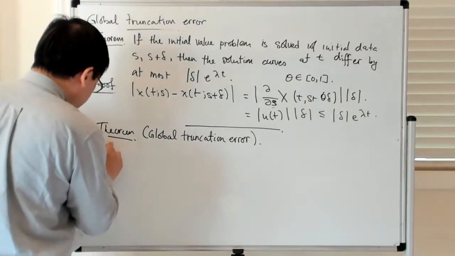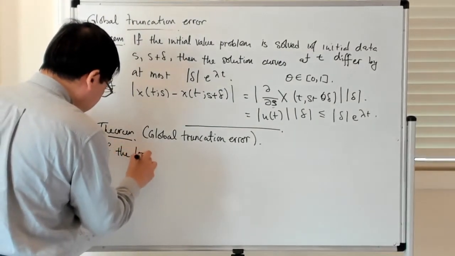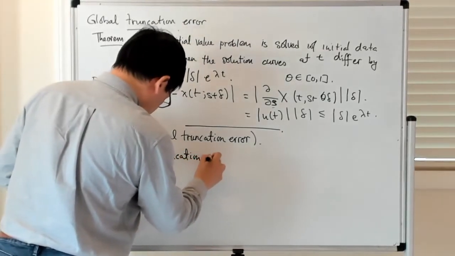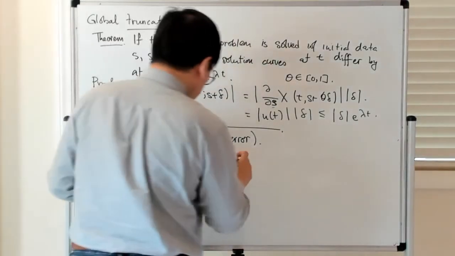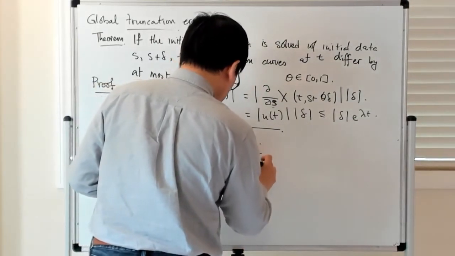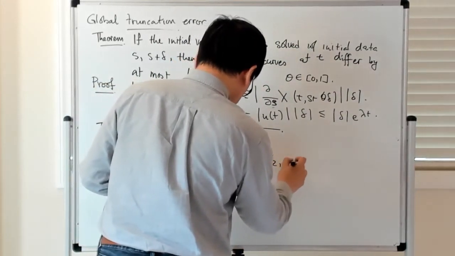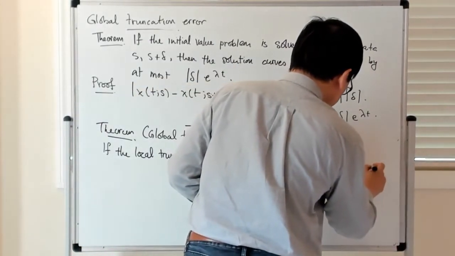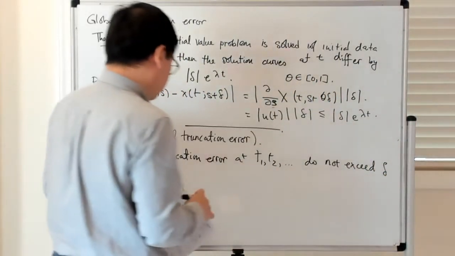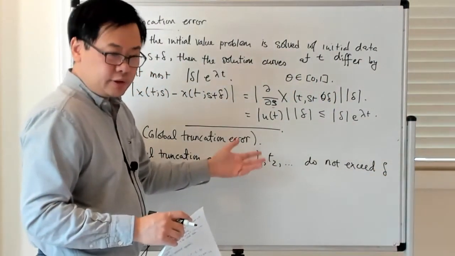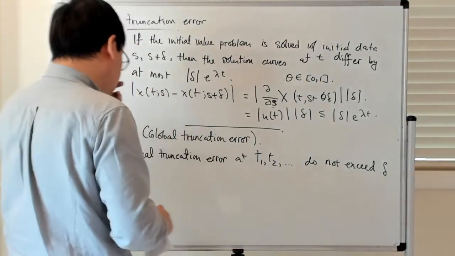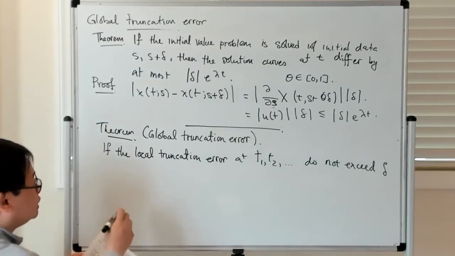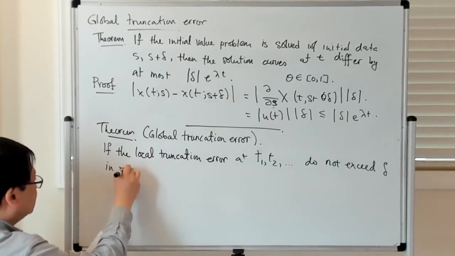All right, so if the local error at t1, t2, and so on do not exceed delta. The reason why I started at t1 is because usually at t0 you assume that the error is 0, right? So that's the reason why I'm starting at t1. Okay, does not exceed this delta in magnitude.